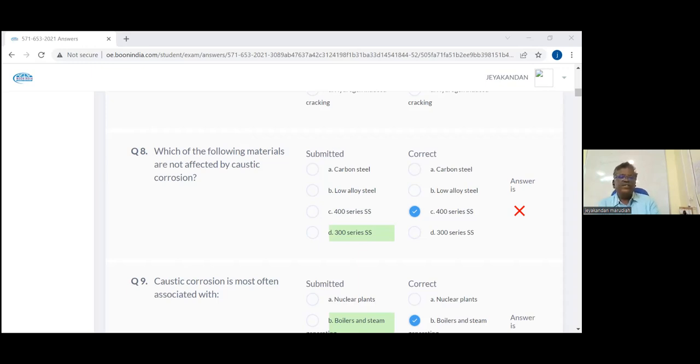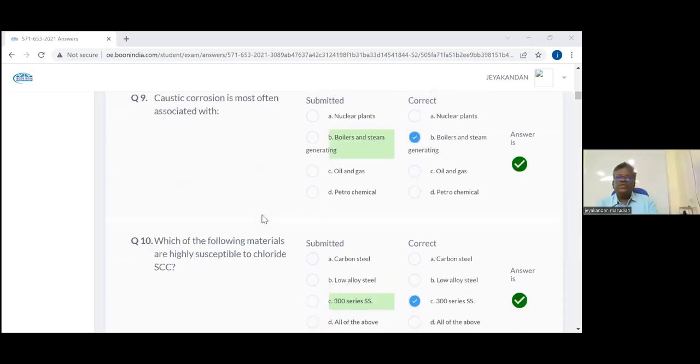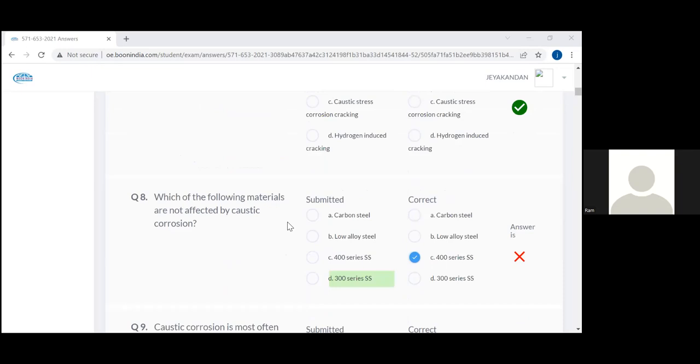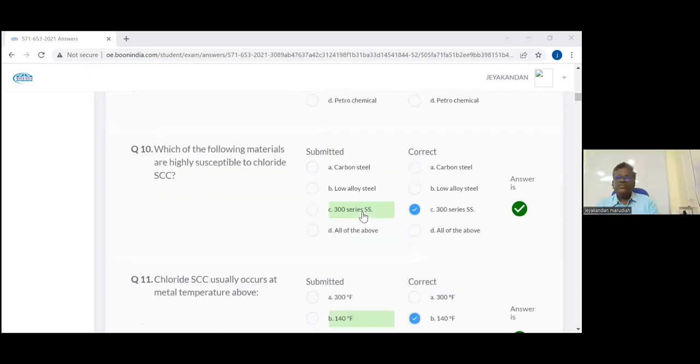What are the affected materials? 300 series is generally affected. Materials: carbon steel, low alloy steel, and 300 series stainless steels. So 400 series is not in the list, not affected. Okay, primary carbon steel, low alloy steel, and 300. Yeah, 400 series is not affected. Okay, right.